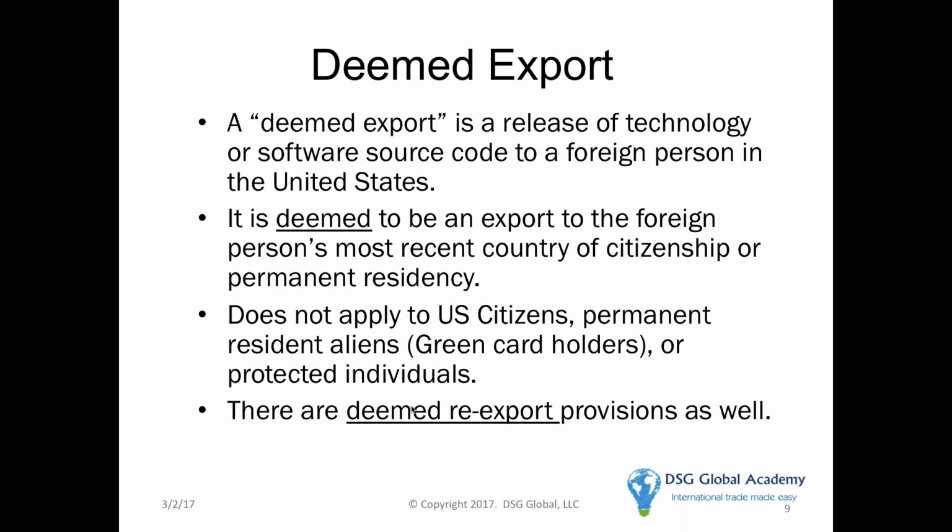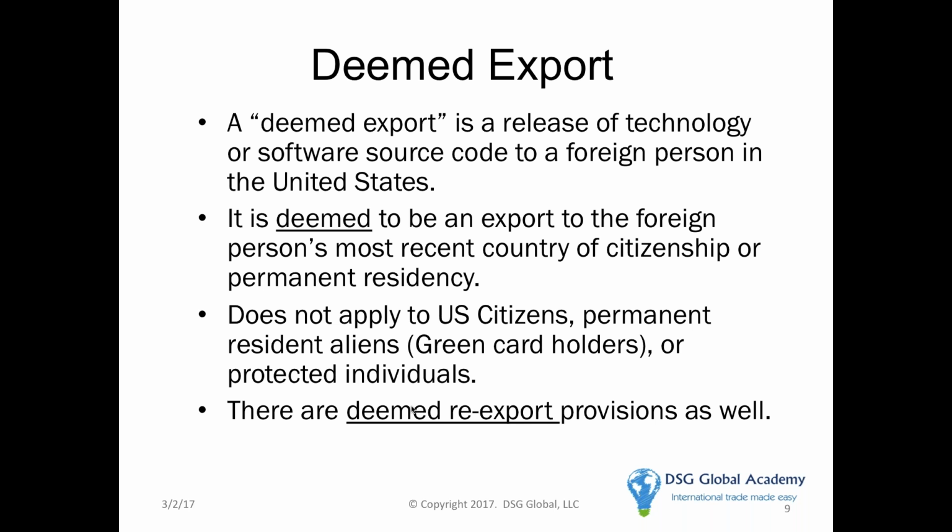The next slide, and I must apologize in advance, I have a lot of slides, but the purpose was to provide you with a lot of information, rather than err on the side of having too little information. Deemed export really means where you're releasing controlled technology to a foreign person within the United States.